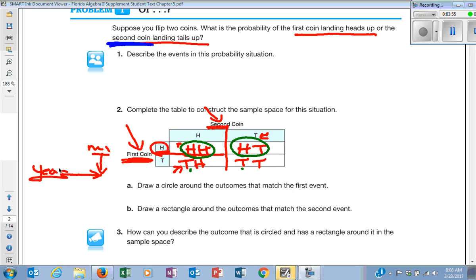The reason they can be tricky is because the attention to detail is not very great, and that's where you're going to make your mistakes. You've got to tune yourself to those details. Second coin landing tails up. Is this second coin tails? Yes. Would they say draw a rectangle? Is this second coin tails?